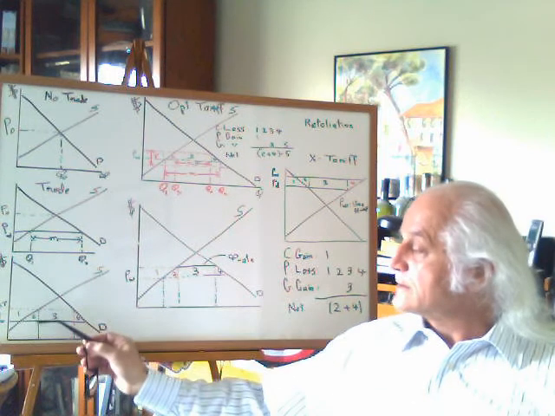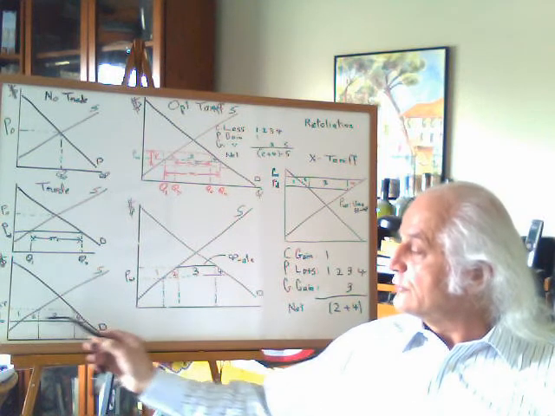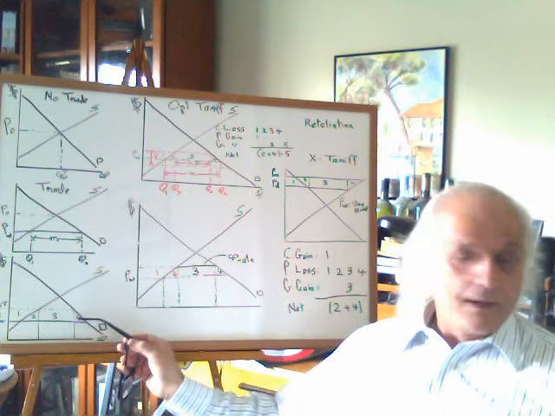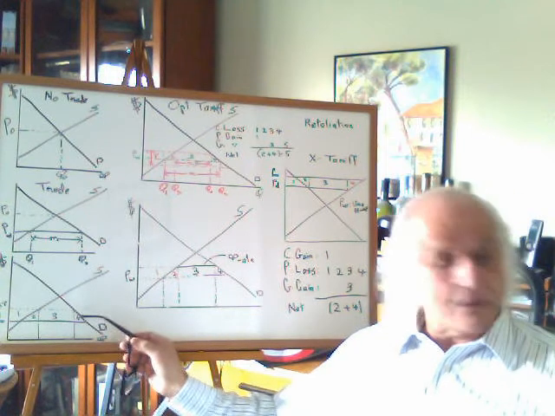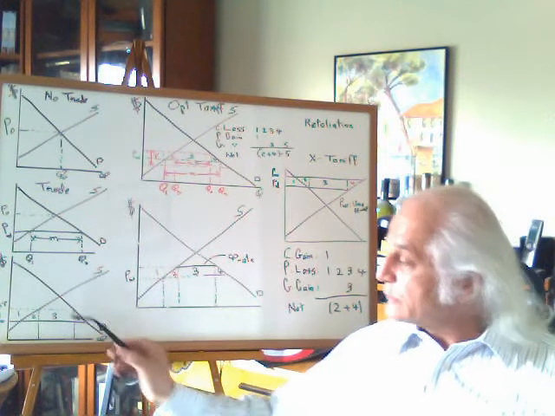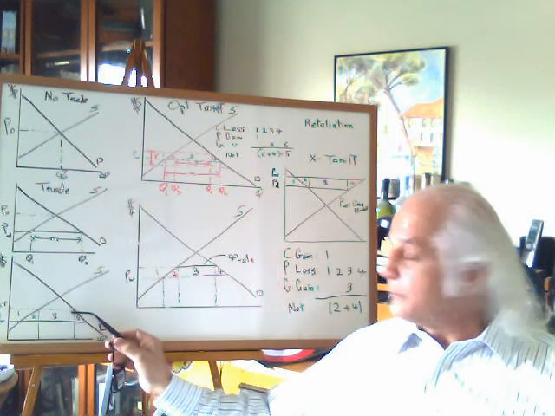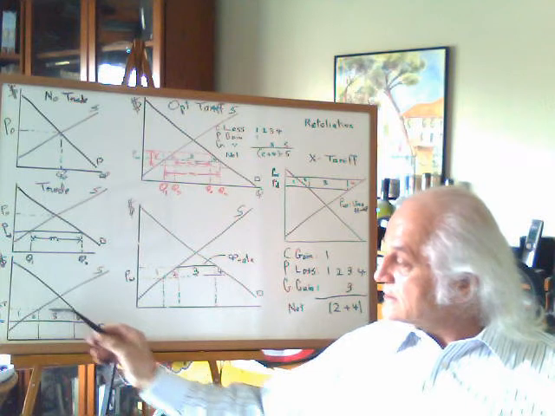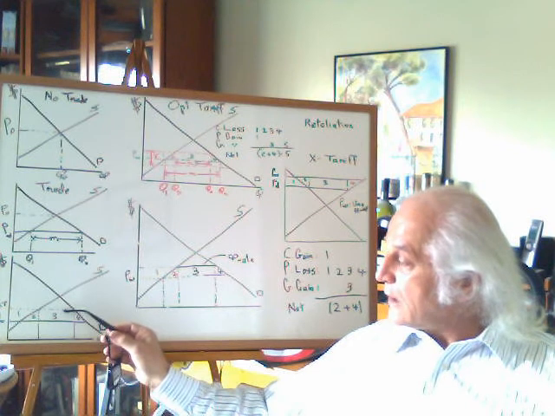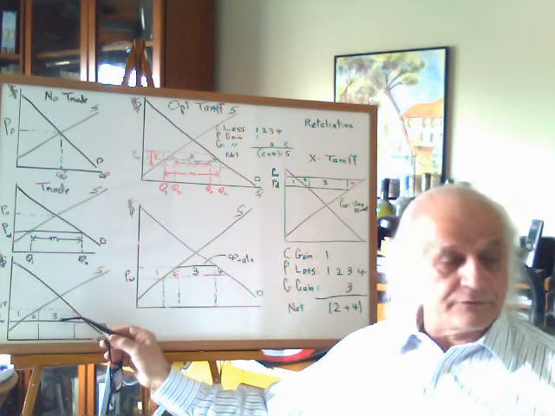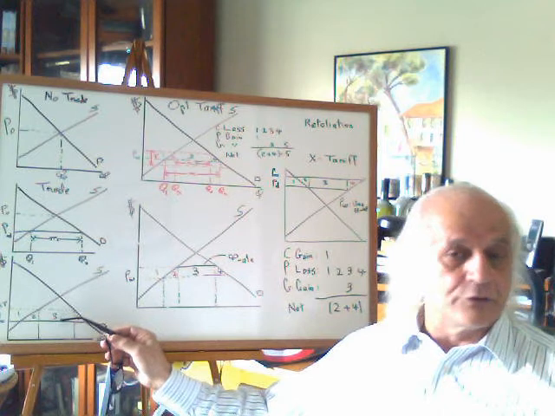So if that's the case, there is still a loss of 2, 3, and 4. However, not all of this is a loss. Because remember, what did we say? That these are going to become the imports, but these imports right now are subject to a tariff, a $2 tariff per unit.